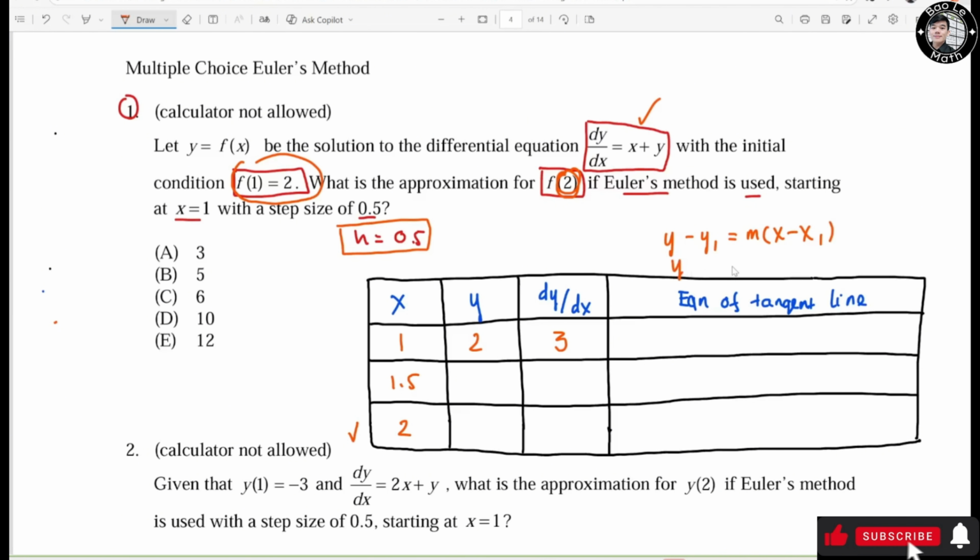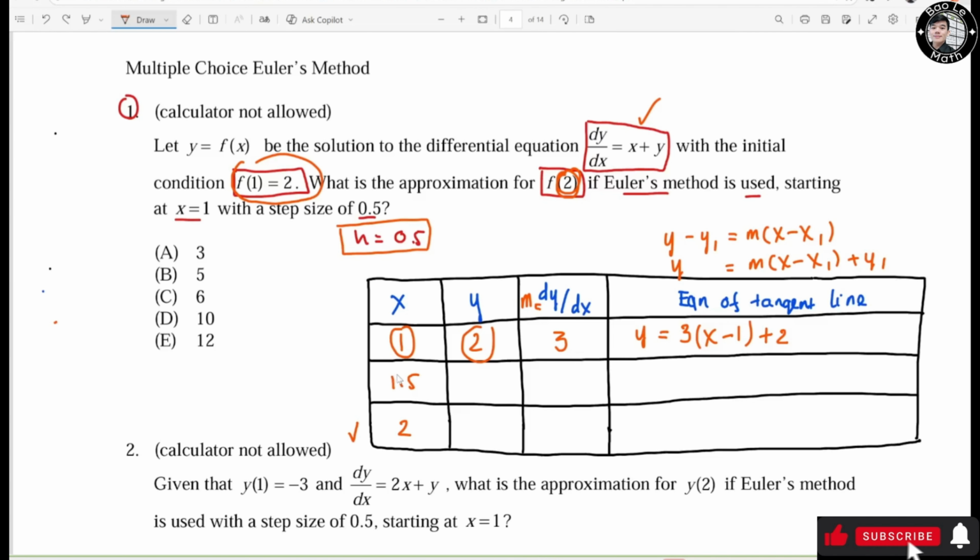Or y equals m times (x minus x1) plus y1, right? So I have y equals, m equals 3 right here, right? This one is the slope, times x minus x1, x1 is right here, and plus y1 is going to be right here, right?